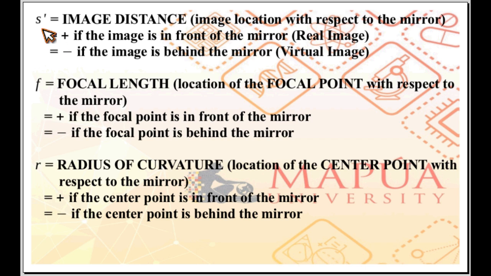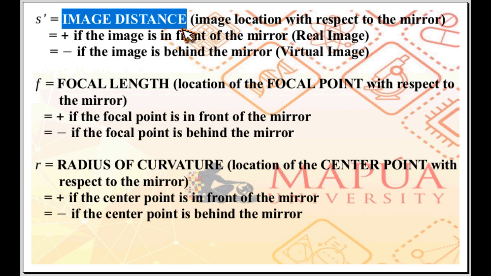On the other hand, S prime is image distance, location of the image with respect to the mirror. How far is the image from the mirror? Where is the image located with respect to the mirror? Is the image in front of the mirror or is the image behind the mirror? Image distance.